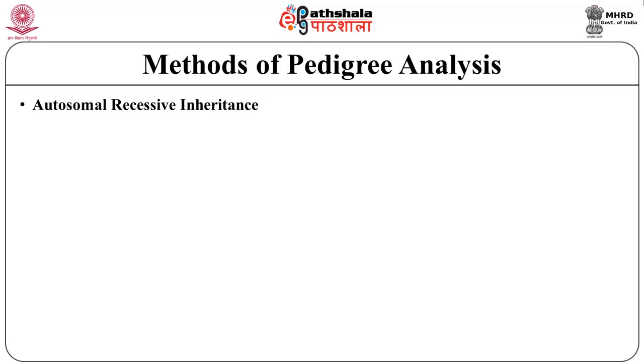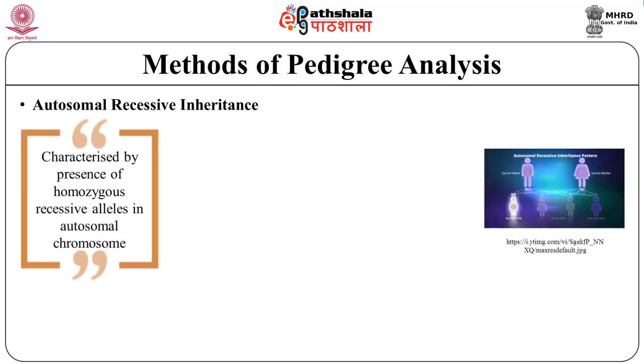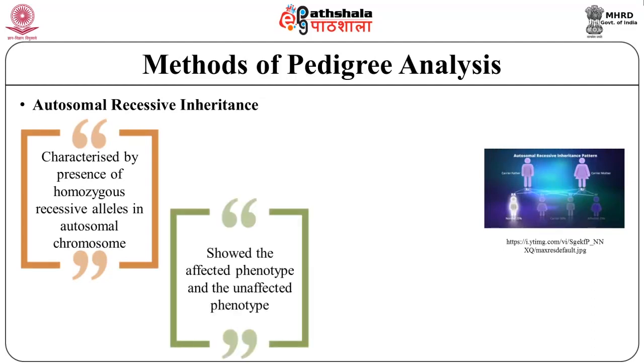Autosomal recessive inheritance is characterized by the presence of the homozygous recessive allele in autosomal chromosomes. Individuals carrying the homozygous autosomal recessive allele show the affected phenotype, and the unaffected phenotypes are represented by the corresponding autosomal dominant allele.